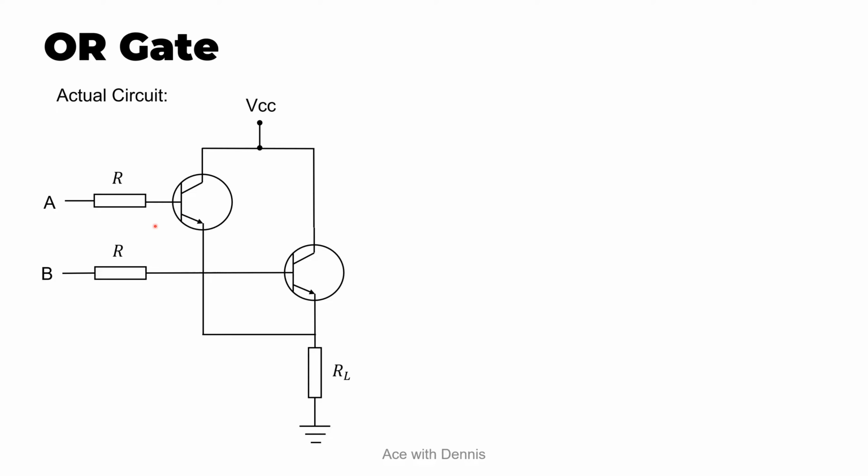Again, the function of these two resistors is to prevent excess current from flowing into the two transistors and damaging them. Then the emitters are connected to a load here. So this is the output for this circuit.